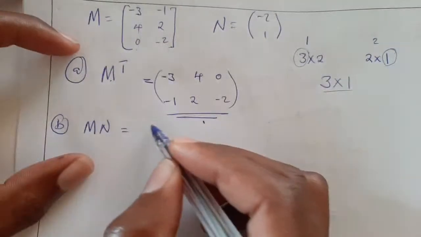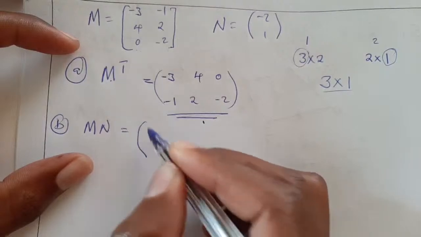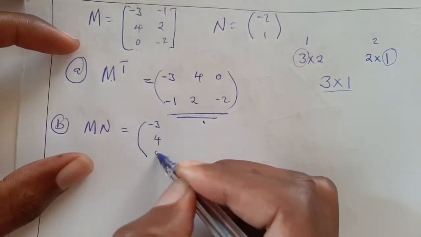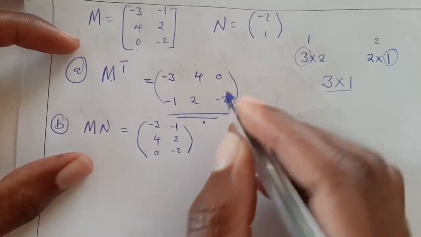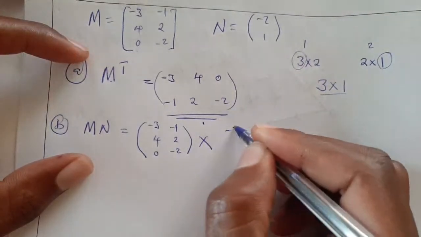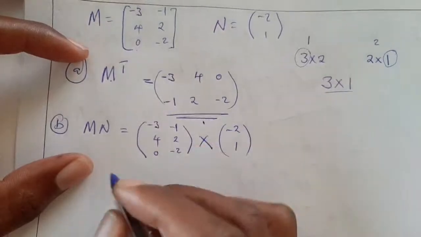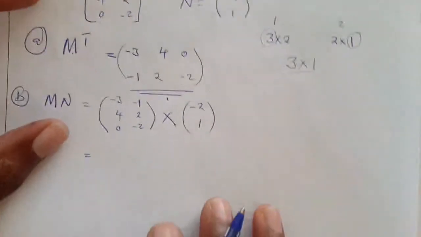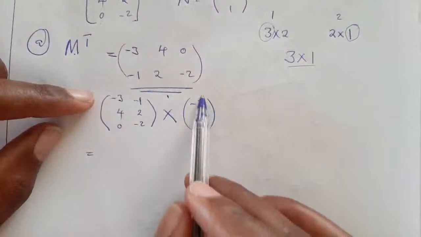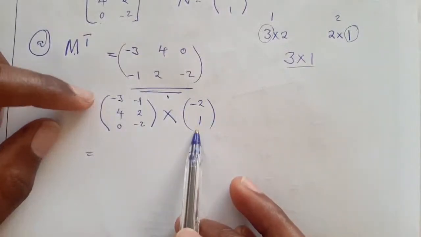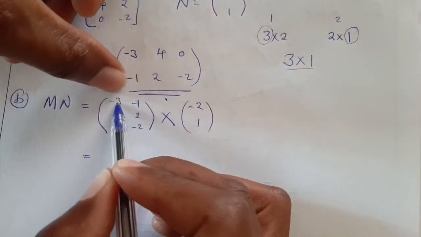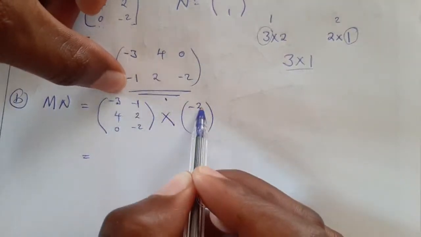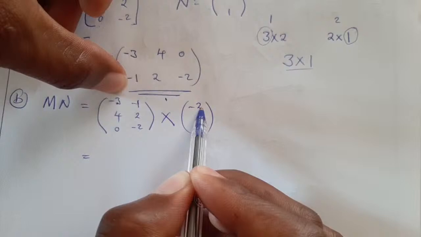So let us now start multiplying. We're multiplying matrix M, that is negative 3, 4, 0, negative 1, 2, and negative 2, times negative 2, 1. These are the matrices there. The way we multiply, it's row by column. The first number in this row is a negative 3. It will be multiplied to the first number in this column, which is negative 2.